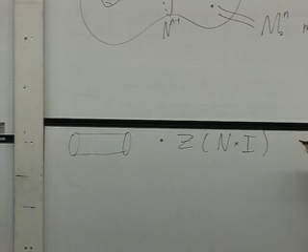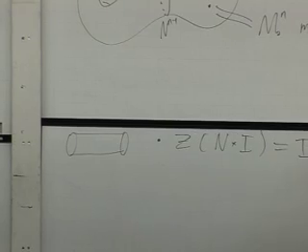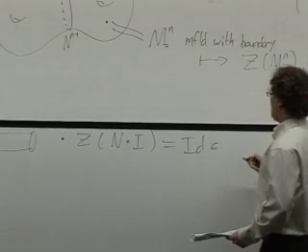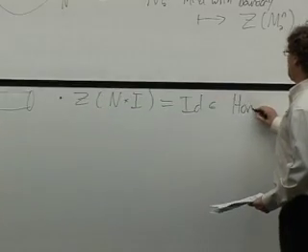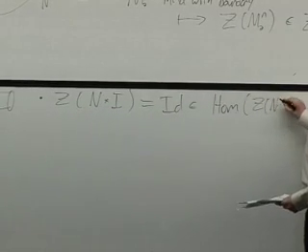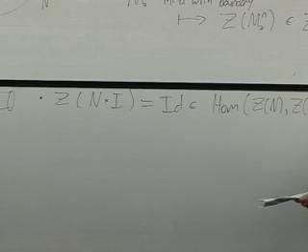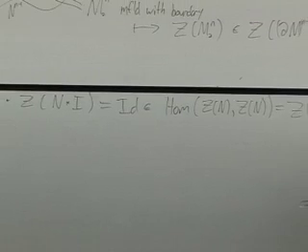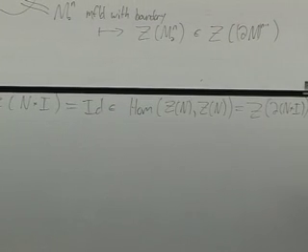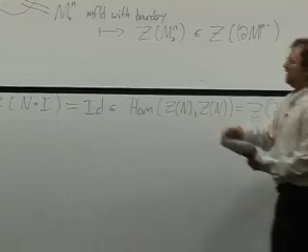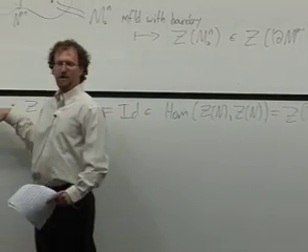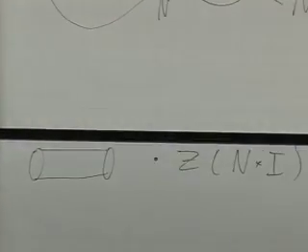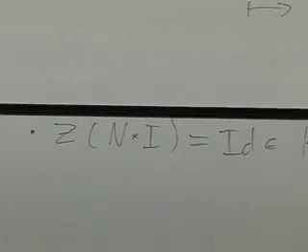We're going to assign to this the identity. This is our topological invariance. The identity is an element in Hom of Z of N, which is Z of the boundary of N cross I, by my multiplicativity axioms. I would like to have that when nothing interesting is happening, if I just propagate my manifold around in time, nothing happens. I'm going to think of this interval as time evolution. So this is saying that the Hamiltonian is 0.